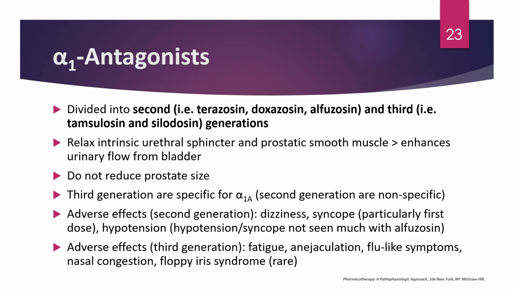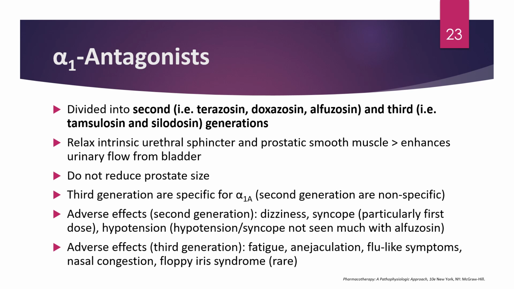What is very important is that the third generation are specific for alpha-1A, versus the second generation, which may be non-specific. Alpha-1A is important because it is specific for the prostate tissues, versus alpha-1 receptors, which we have in the body, particularly in the vasculature.